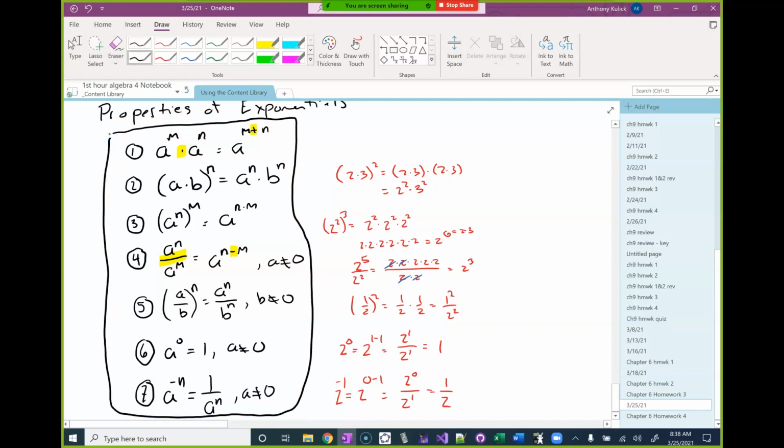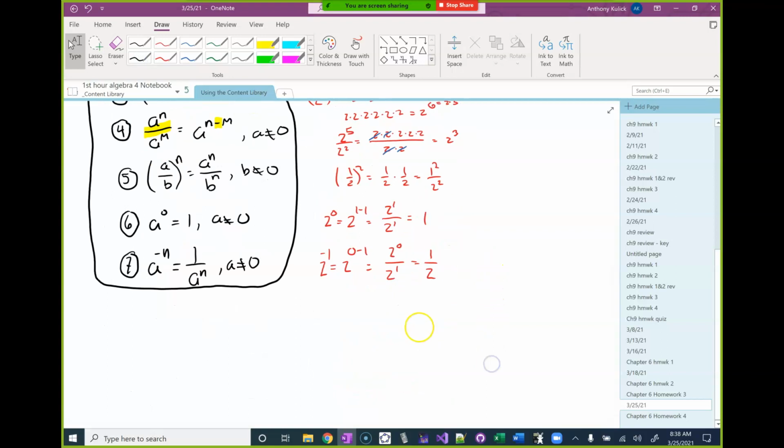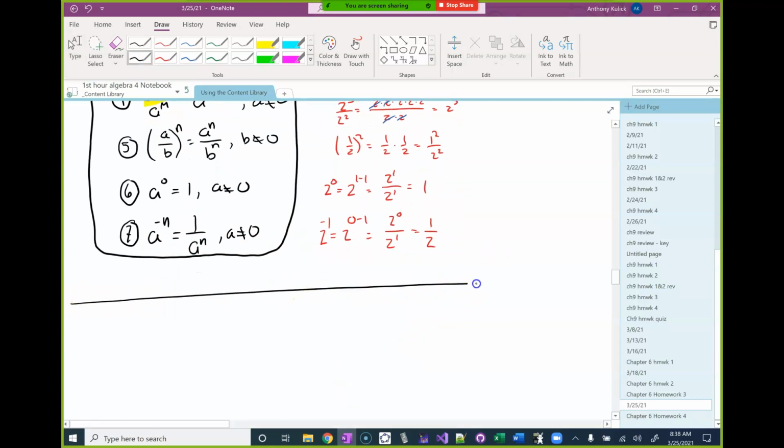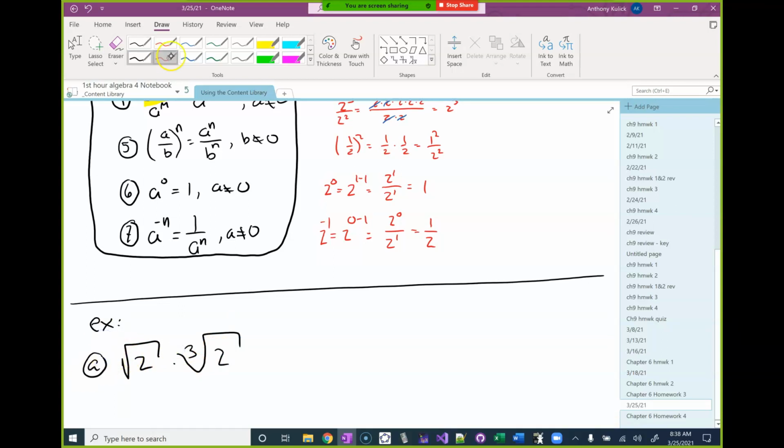So let's return now to our goal question for the day, which was multiplying the square root of 2 times the cube root of 2. So the first thing that I'm going to do when I have unlike radicals like this is to rewrite everything in exponential form.